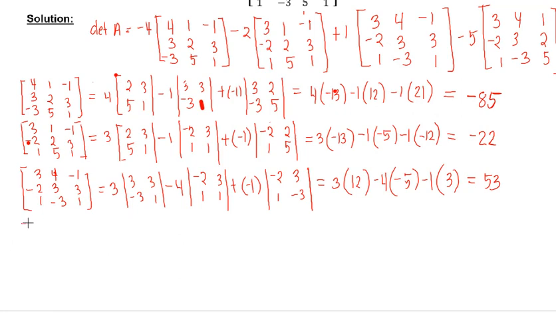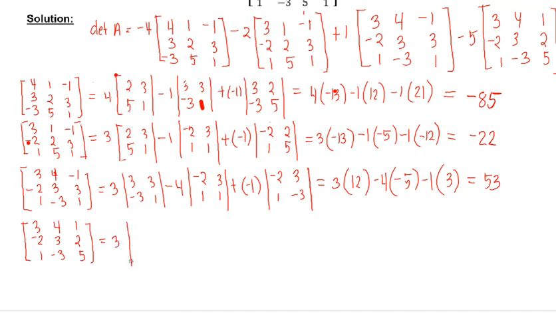And lastly, we have 3, negative 2, 1, 4, 3, negative 3, 1, 2, 5. We're going to use the first row as our coefficient.